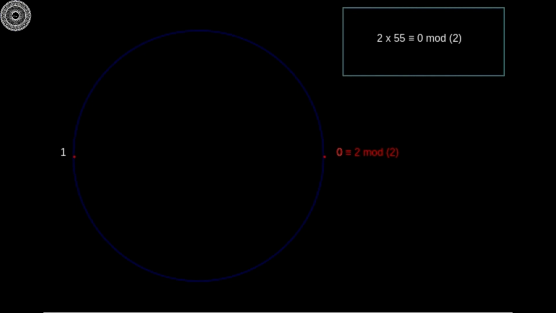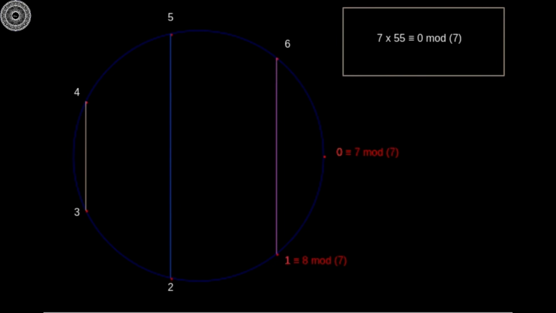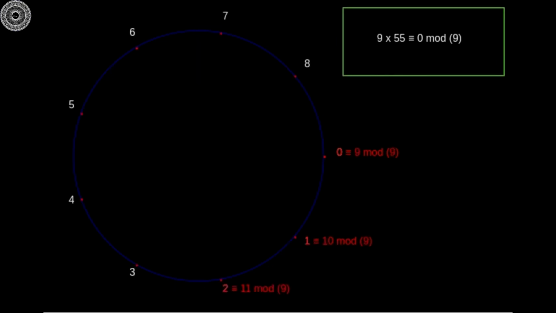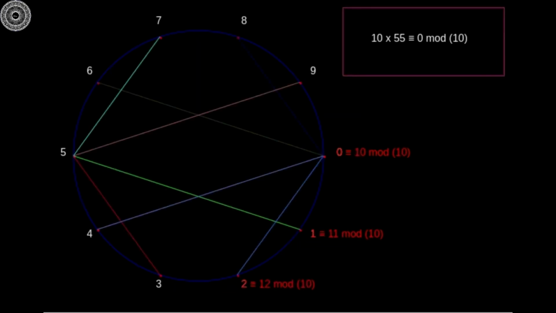So how about we keep using the multiplication table of 55 and then change the number of dots on the circle. So let's see. Well, there's a line. Now there's more.